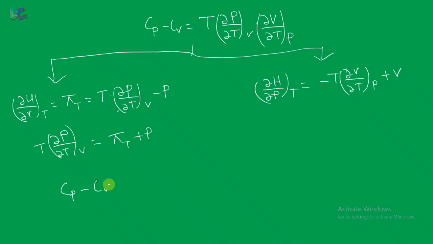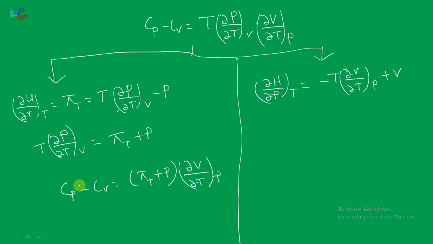Cp minus Cv is equal to pi T plus P into del V del T at constant P. So this is one relation between the heat capacities: Cp minus Cv is equal to pi T plus P into del V del T at constant P. That means a relation between heat capacities in terms of internal pressure.